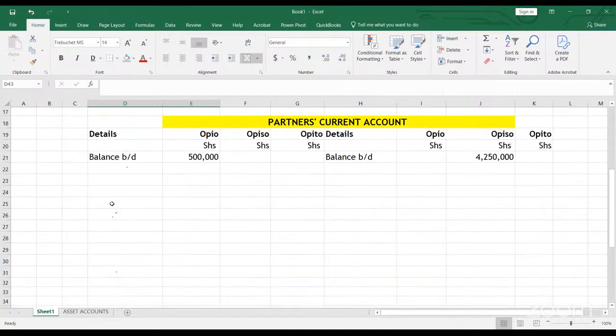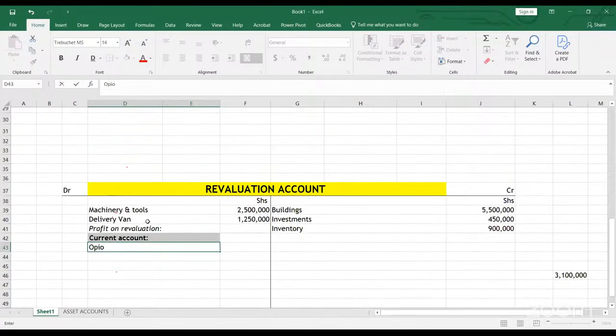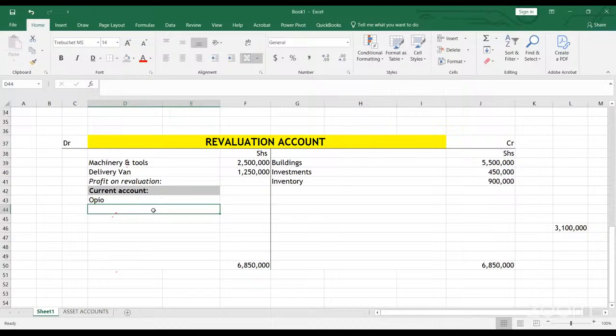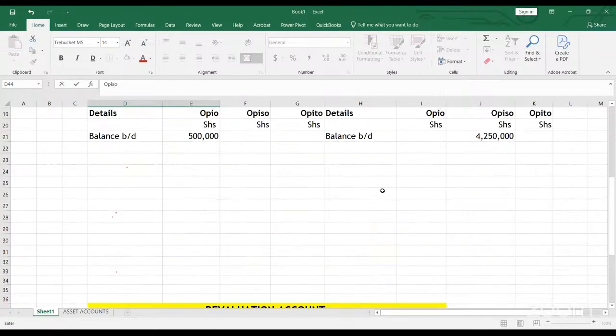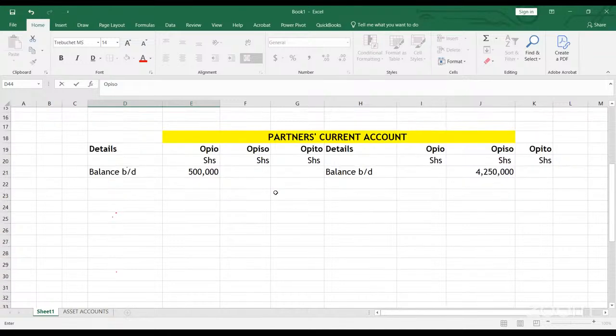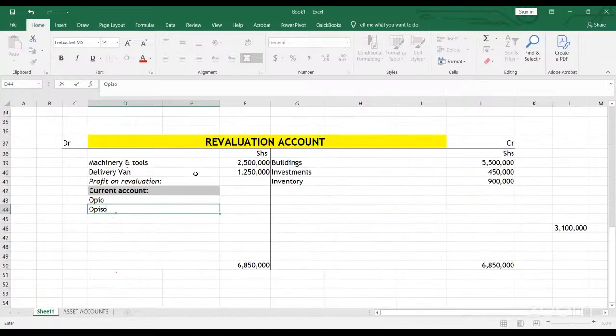So it's only the two original partners who are sharing this, because the new partner has just been admitted. New partners are not entitled to a share of the profit as a result of revaluation.